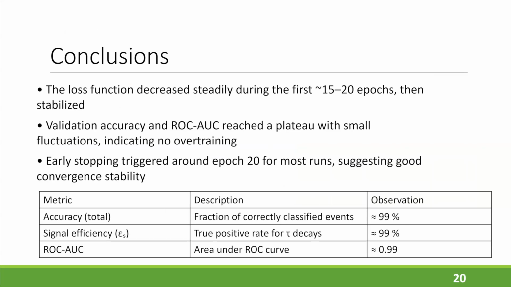So, conclusions of our work: the loss function decreased steadily during the first 15-20 epochs and then stabilized. We may see that on our plots. Validation accuracy and ROC reached a plateau, with small fluctuations of less than 1%.